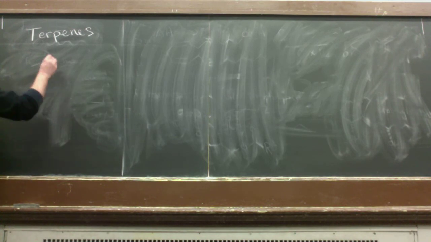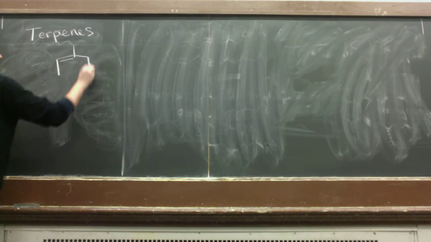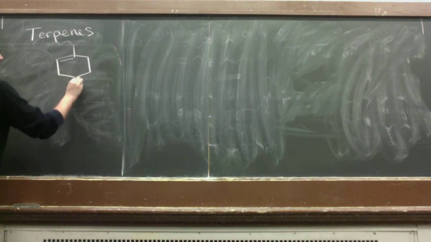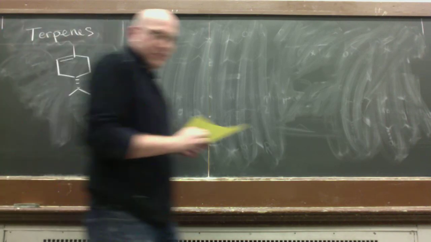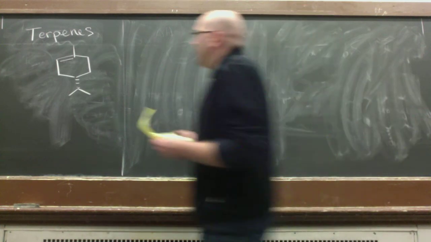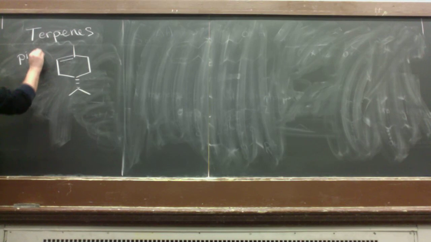Apparently it's not in your book, but I think it's something like this. Somebody want to Google pinene for me? I just want to give you a simple example of a terpene, and unfortunately I don't have it drawn. It's something like this.